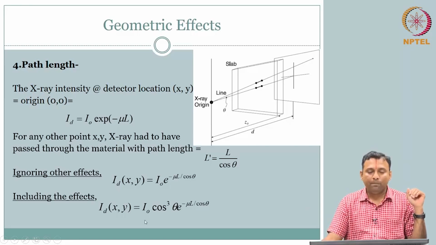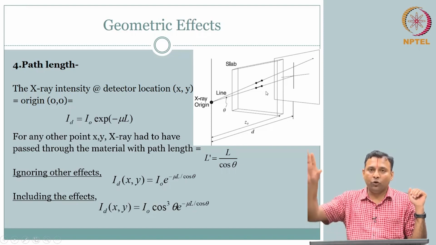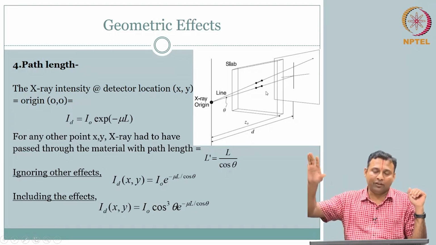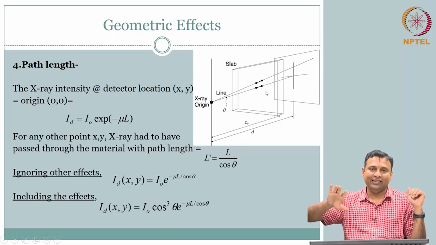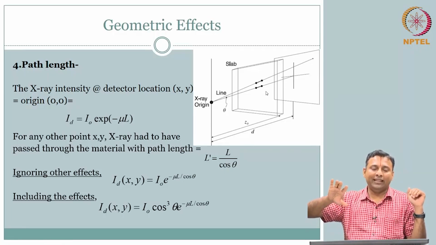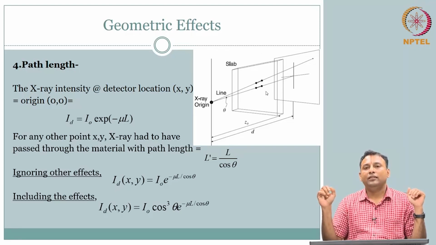But what do you see? Oh, you are going to have a high value at the center. As you move away from the center, the value is going to reduce because your path length is increasing. So, what should supposedly be homogeneously one color, say, for example, homogeneously white, white being the highest value, how is the image going to look?